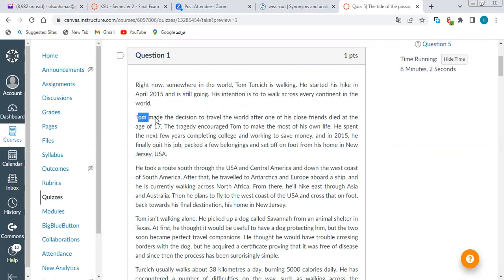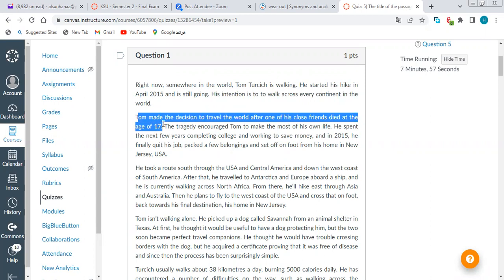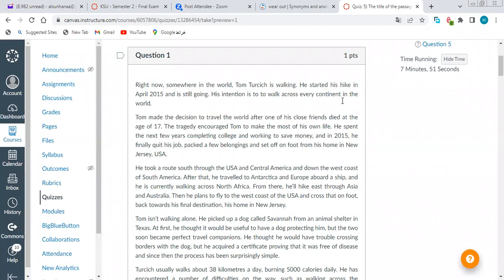And then Tom made the decision to travel after the age of 17. Read the last sentence also in the paragraph.